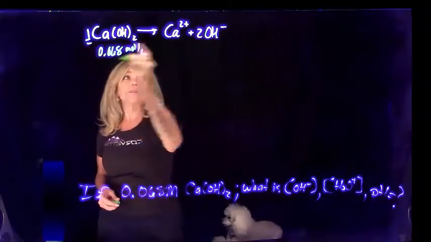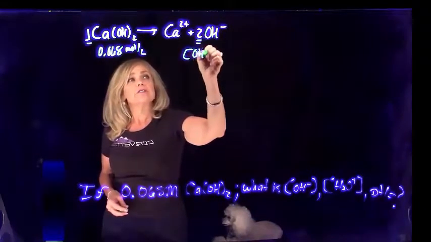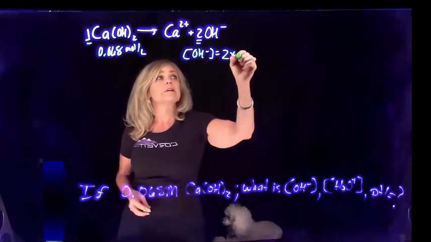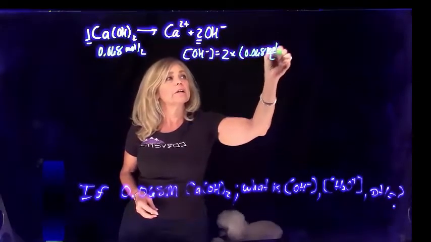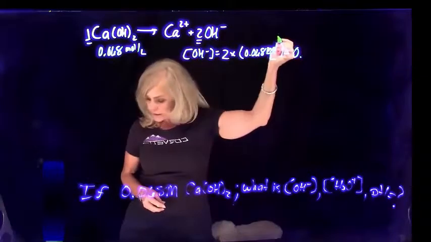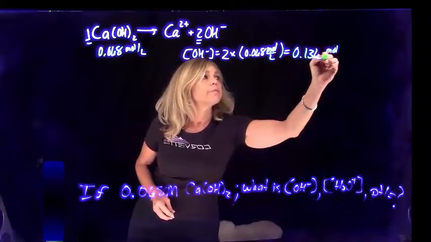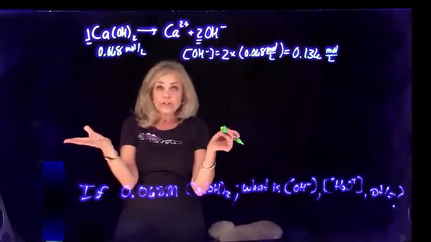For every one of these that breaks up, we get 2 of these. So the hydroxide ion concentration in the solution is 2 times 0.068 moles per liter. So this is going to be 0.136 molar.